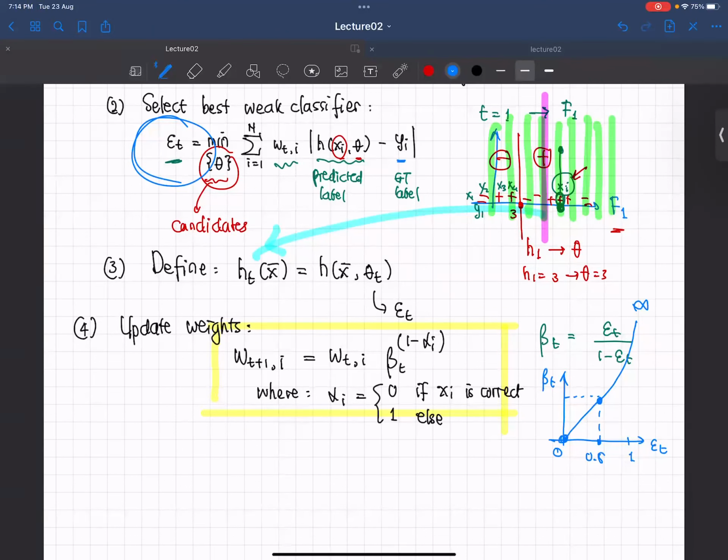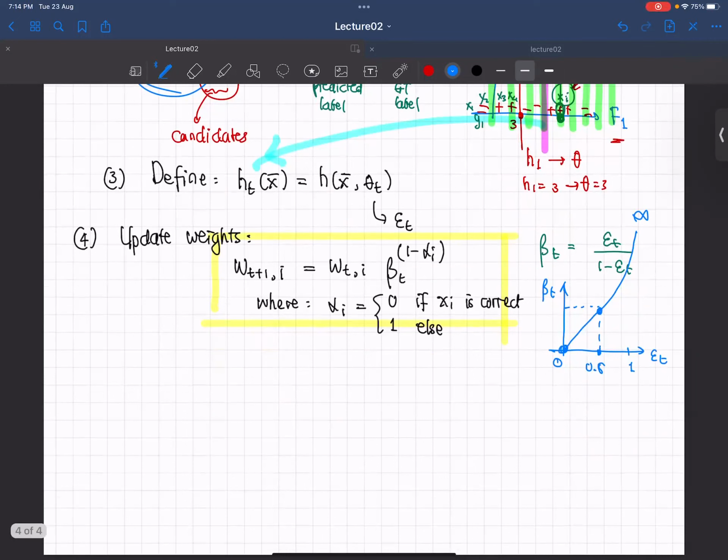Now we know about beta. Beta is proportional to epsilon. If epsilon is large, then beta will be large. If epsilon is low, beta will be low. And that influences the values of your W for the next iteration. There are a few cases here. The first case is that alpha_i equals 1 for sample i.